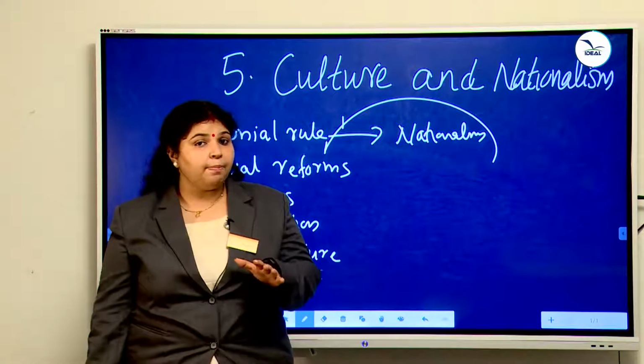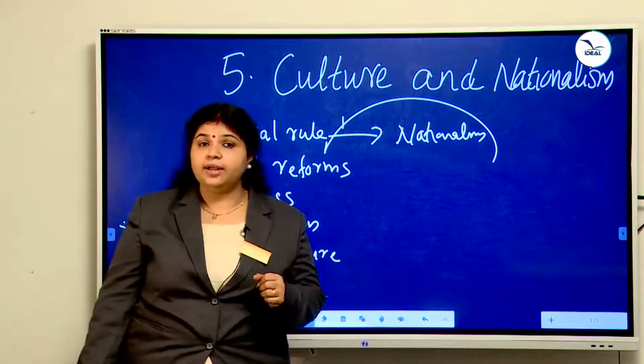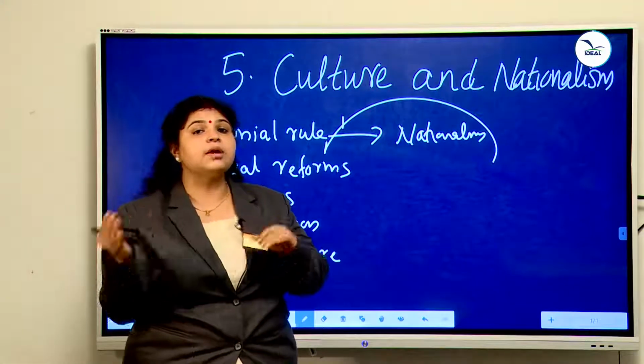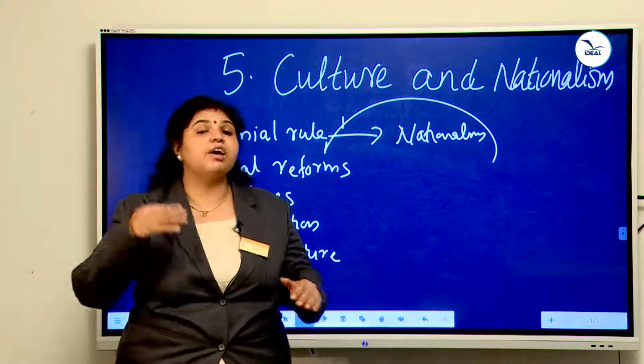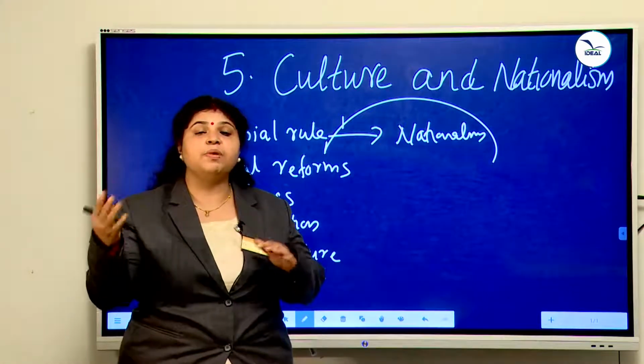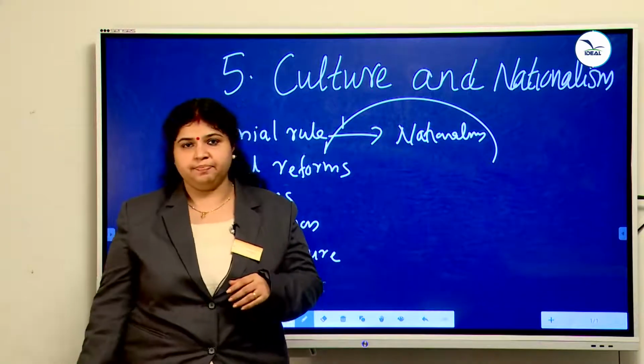But what happened is that British culture intruded into India, and the English educated Indians decided to resist the cultural invasion and tried for the revival of ancient language and literature. But what happened? It helped the growth of Indian nationalism.